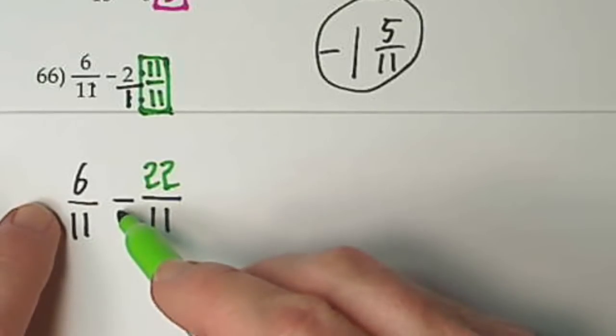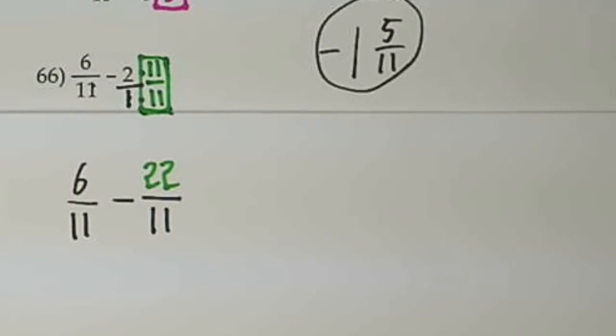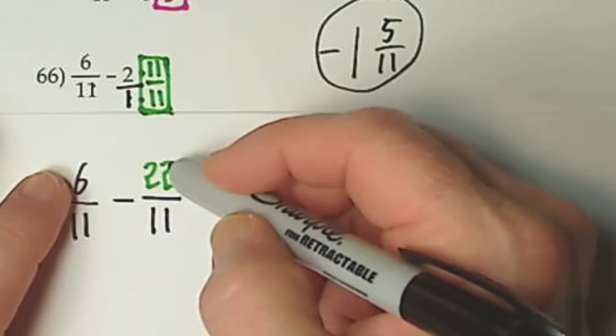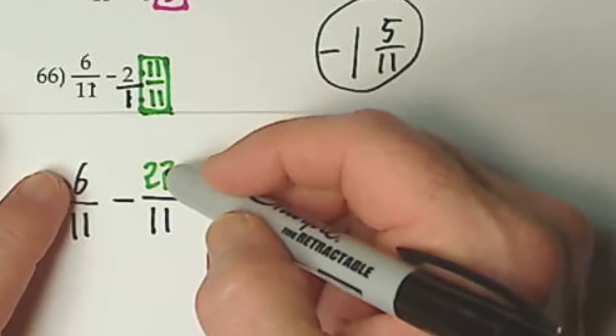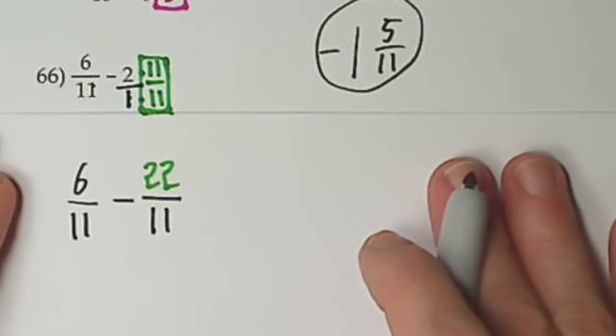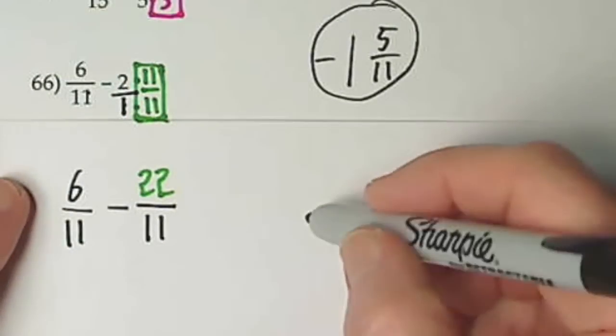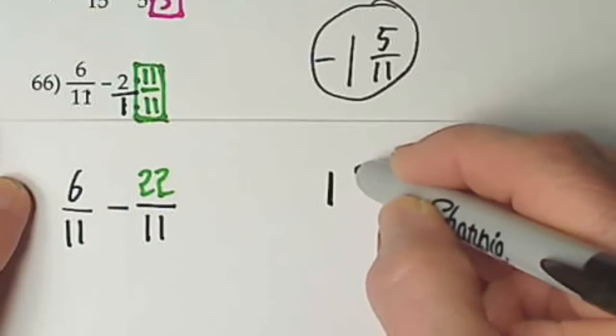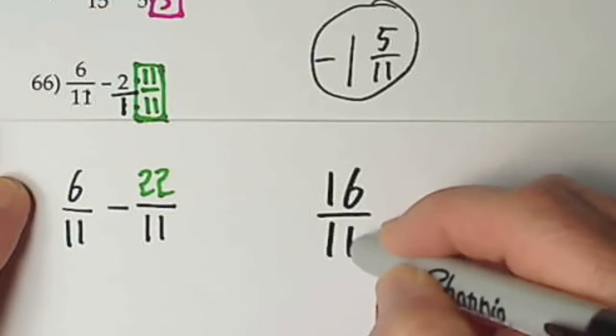Here the signs are different, so we subtract, keep the sign of the larger. And 22, if you subtract 6, 16. I'm going to run out of paper here. I think I'll go over this way. So we would have 16/11ths.